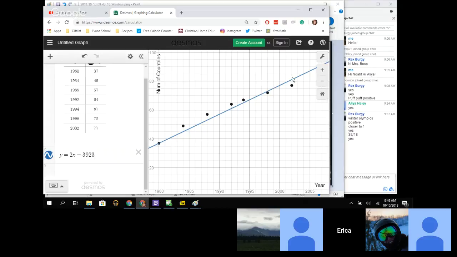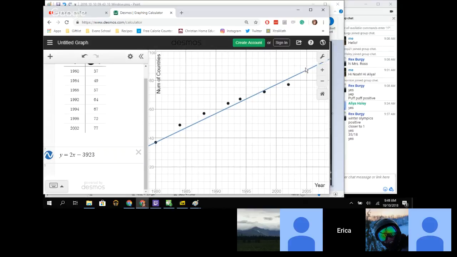We could, right? We can go up here to 2006 and say that based off of our previous data, we would estimate that about 89 countries would participate.